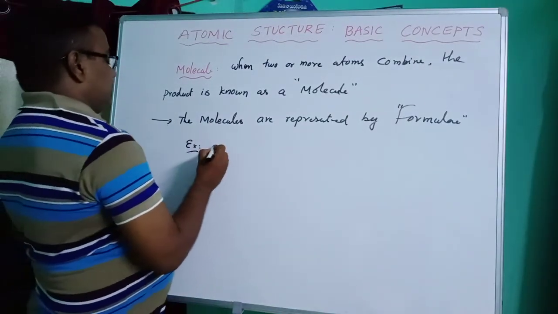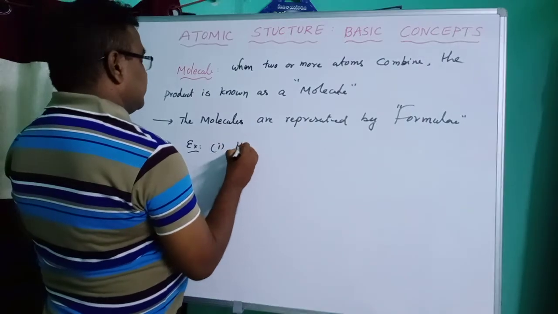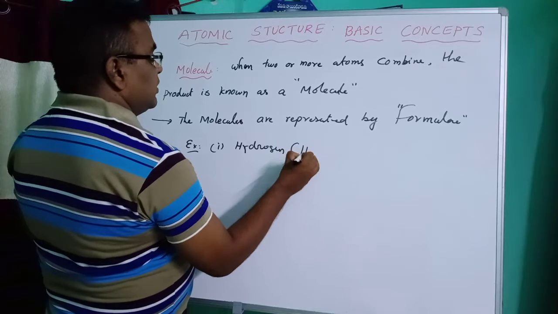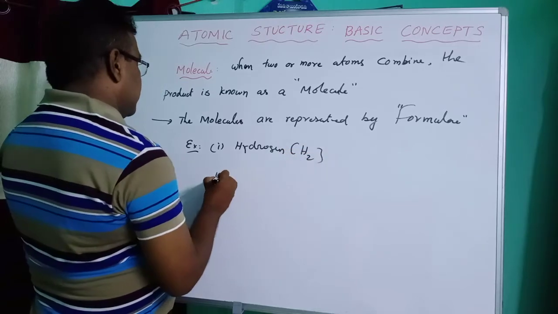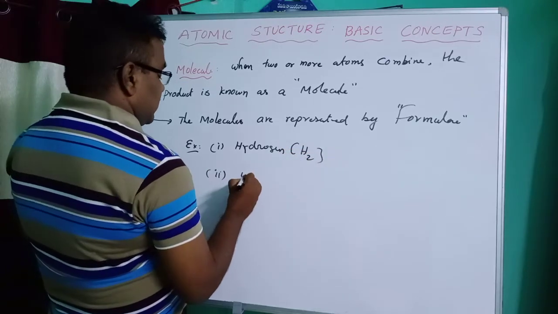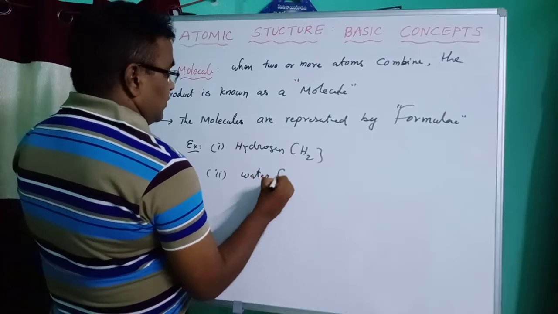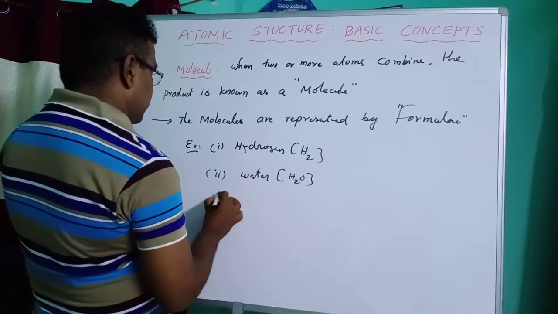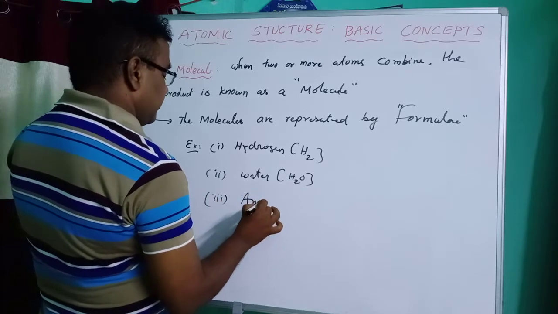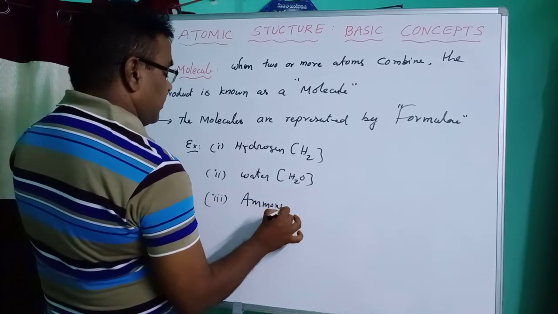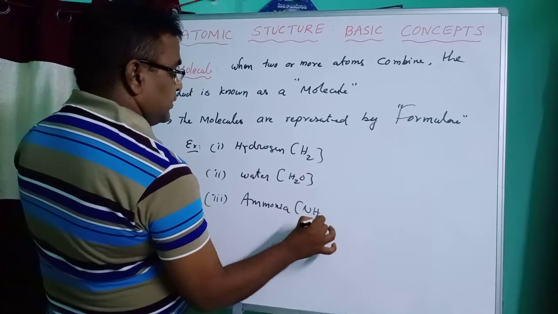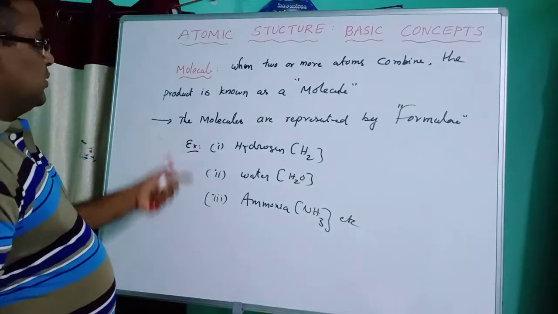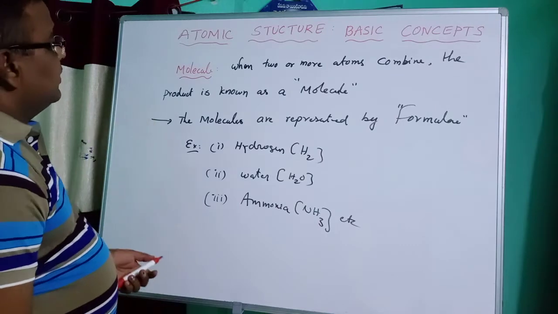Example, for example, one, hydrogen, H2, minimum 2 atoms. Second one is water, H2O. Third one is ammonia, NH3, etc. So these are the examples of molecules.